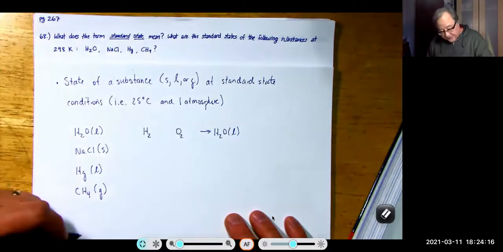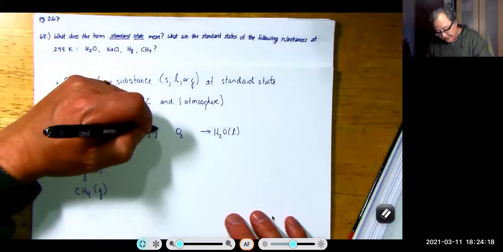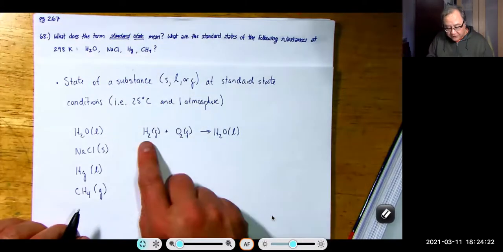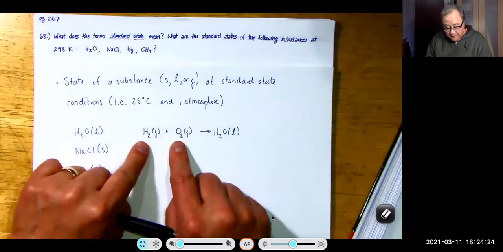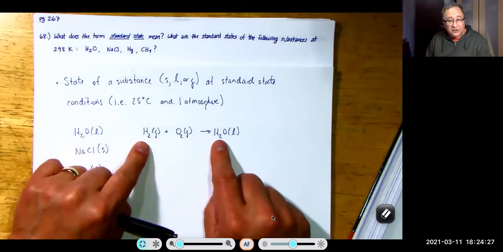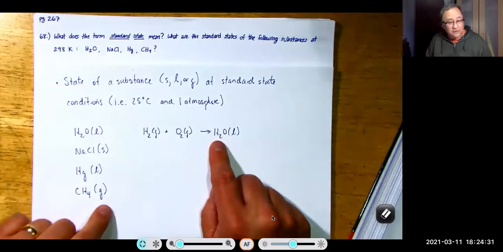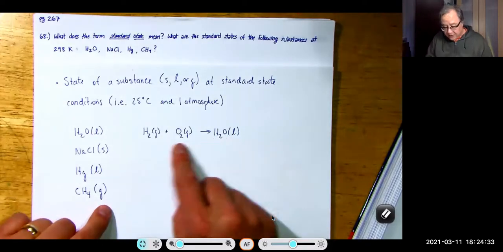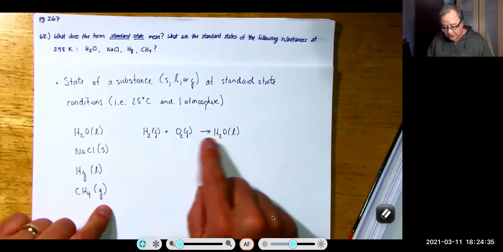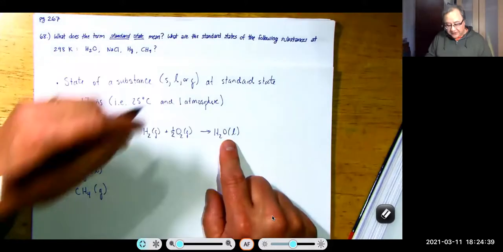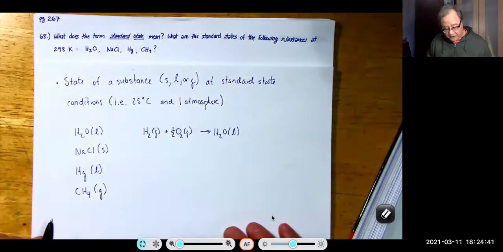They're both gases at room temperature, so you put gases. And then to balance this reaction, we have to put coefficients in front of these because the standard state reaction is always exactly 1 mole of product. So we can't change the coefficient here. 2 hydrogens and 2 hydrogens, 2 oxygens and 1 oxygen, we have to put a 1/2 here. So this is the standard state reaction for H2O liquid.